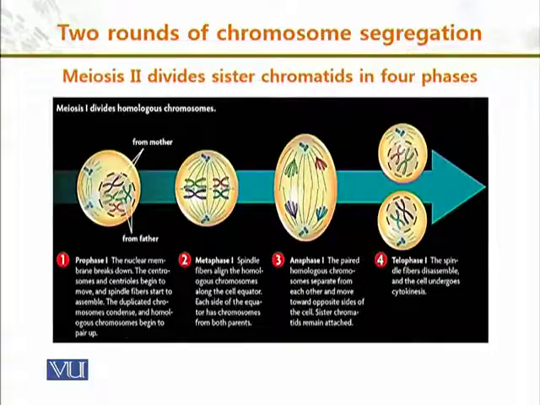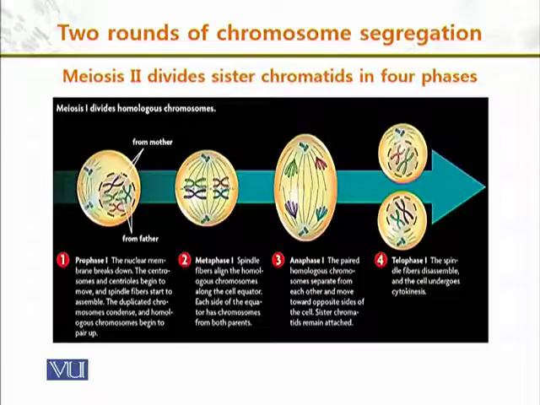Now in this figure I have tried to demonstrate that meiosis II divides sister chromatids in 4 phases as I have discussed earlier. The one is the prophase, where there are the chromosomes from mother and father.